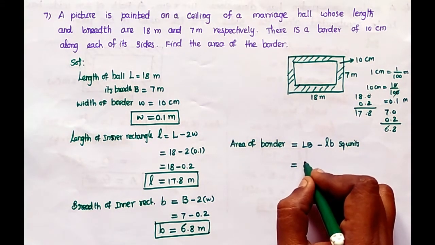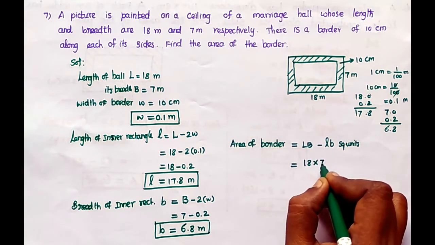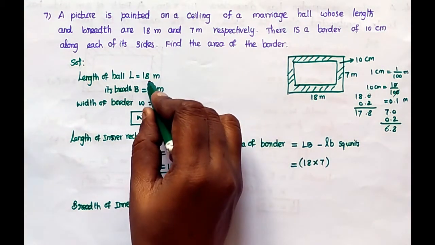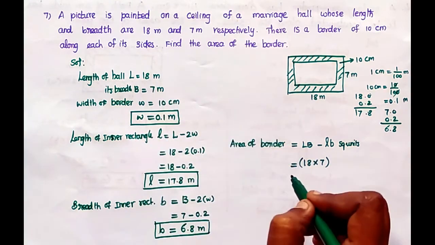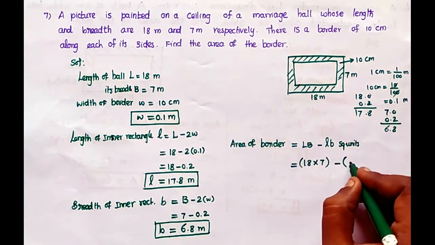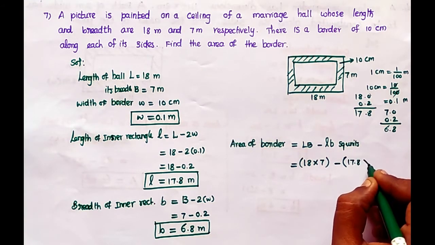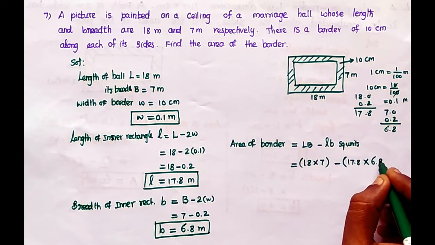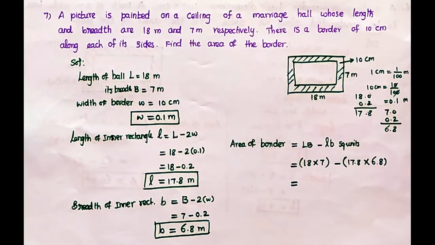That is capital L into capital B, so 18 into 7, minus small l into small b, that is 17.8 into 6.8. Now we have to multiply those numbers.